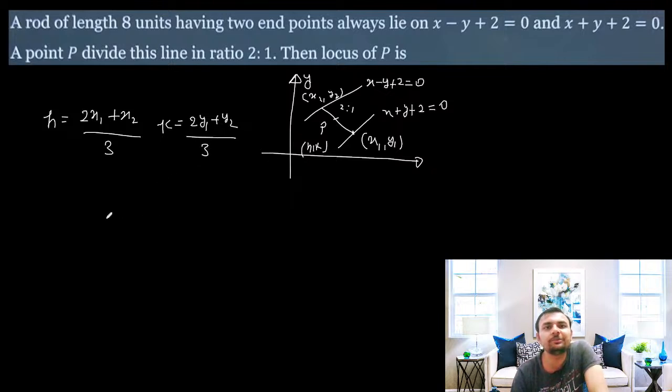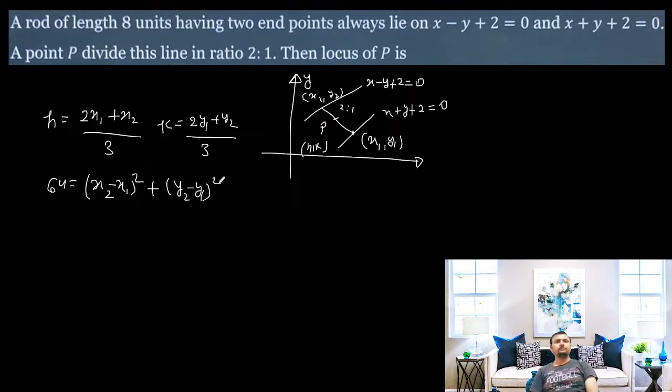Now the length we know, length is 8 units. So 64 equal to x2 minus x1 whole square plus y2 minus y1 whole square. And what about y1, y2?